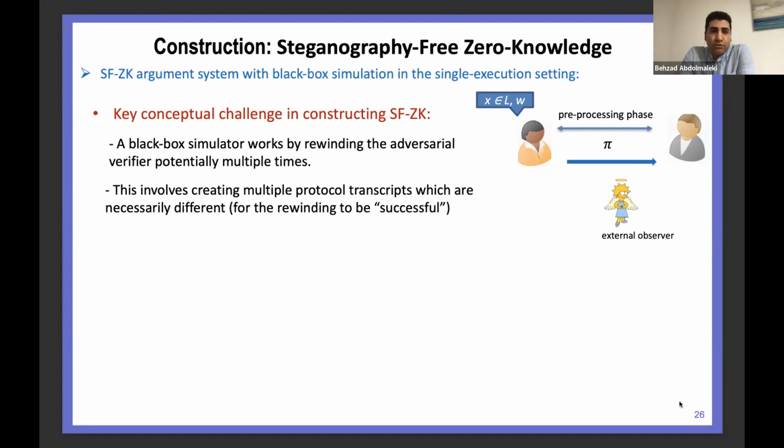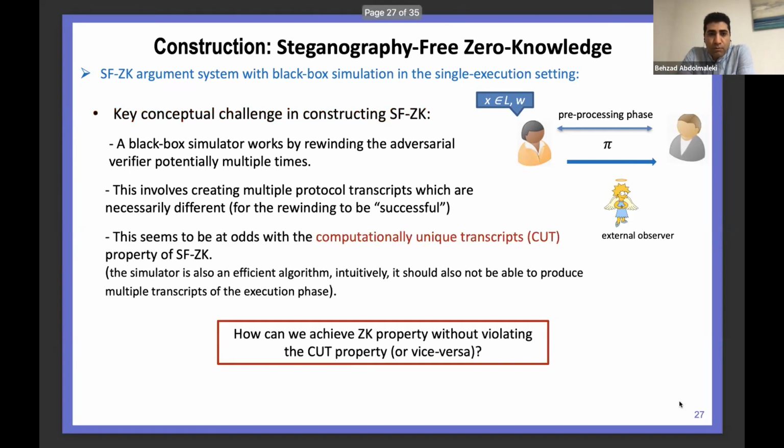This creates multiple protocol transcripts in order to make the rewinding work, which is in opposition to the new property, computational unique transcript. Why? Because the simulator can be counted as an efficient algorithm, so this simulator also should not be able to produce multiple transcripts. Otherwise, it will break the computational unique transcript property.